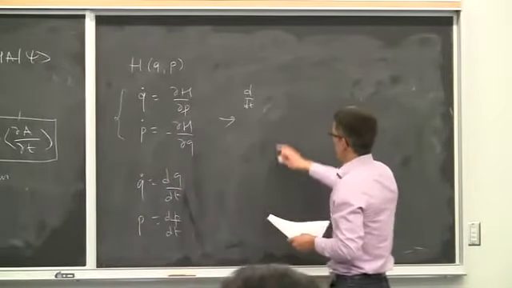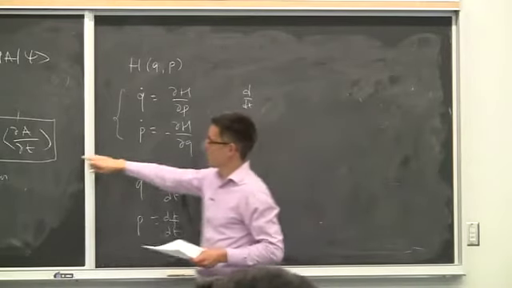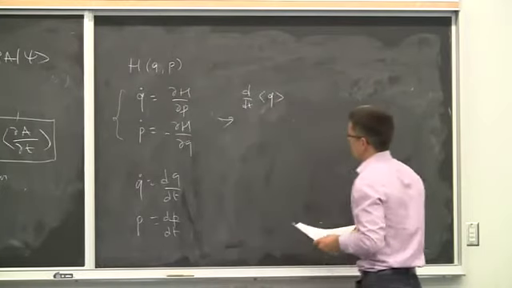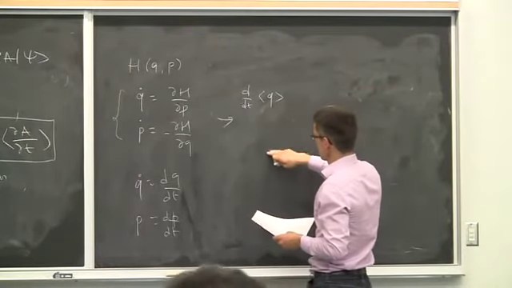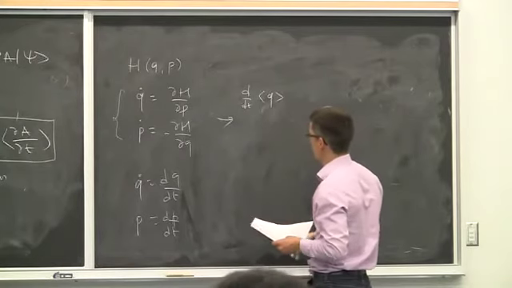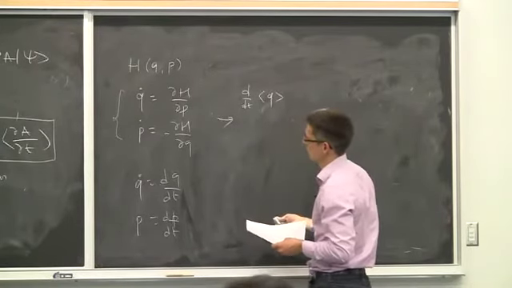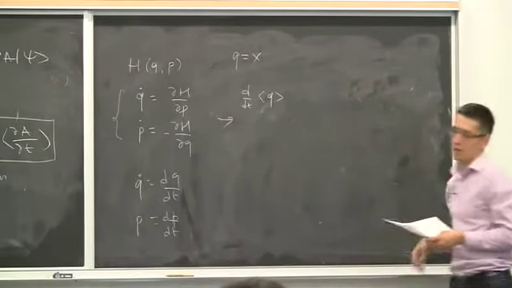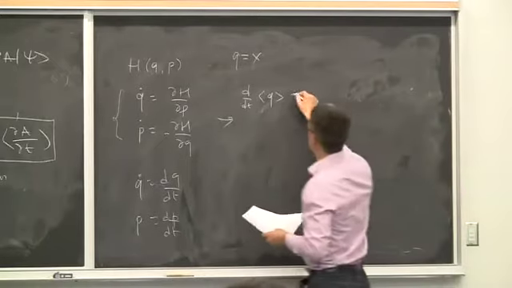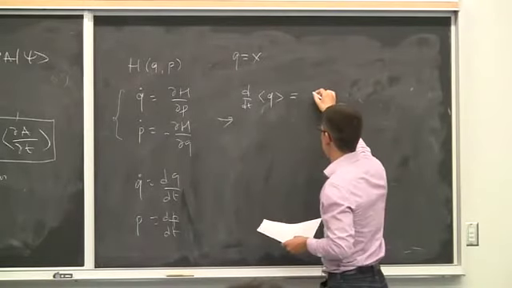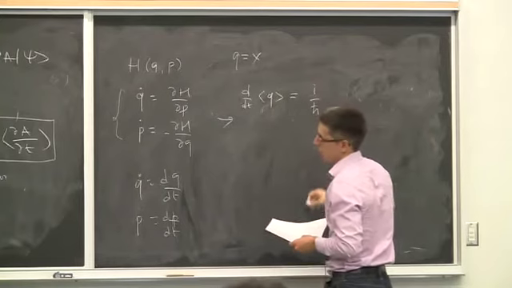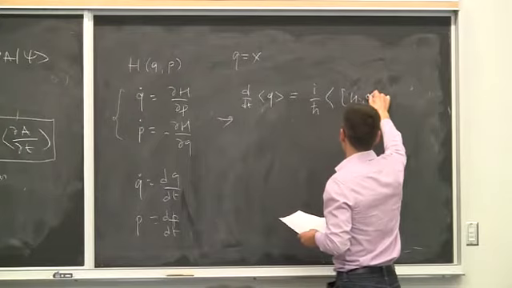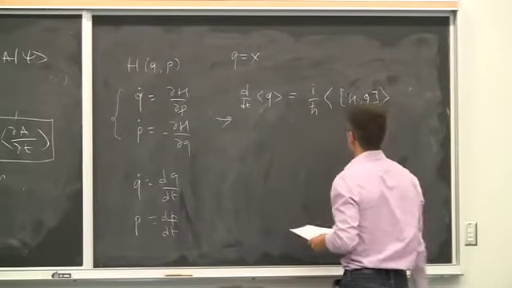Now the quantum analogue of this equation: we try to find the time derivative of the q operator or x operator, it doesn't really matter. Q is equal to x, the coordinate. And from the Ehrenfest theorem, we know that it is i divided by h bar, the average of the commutator of H and the q operator.